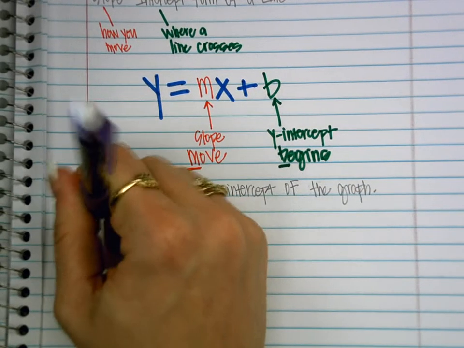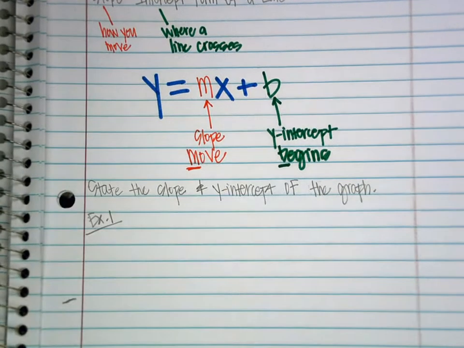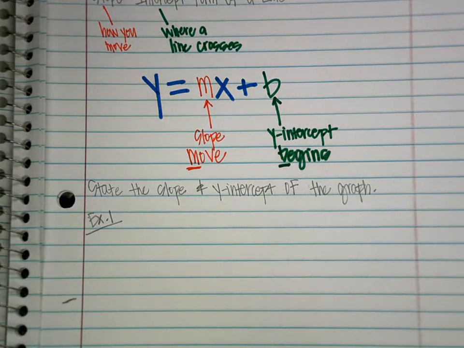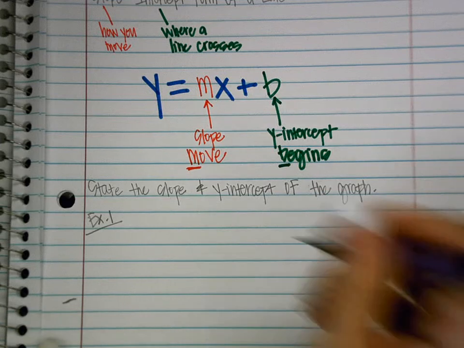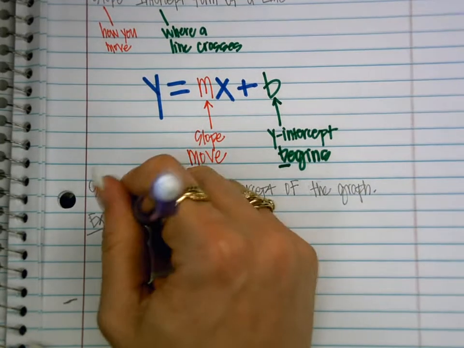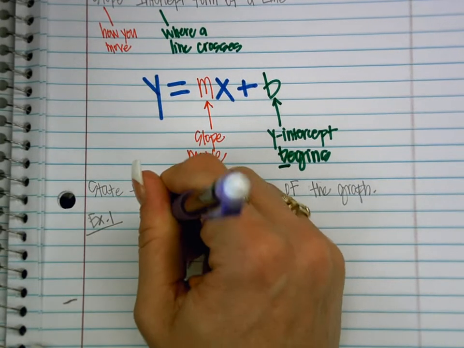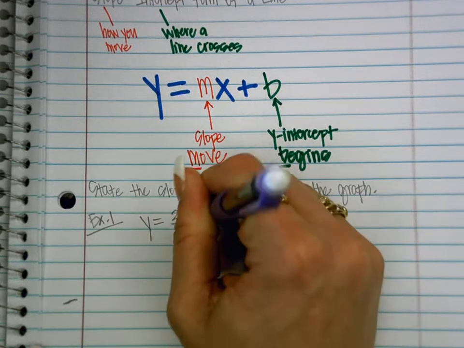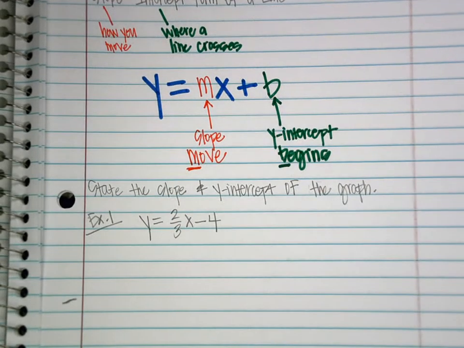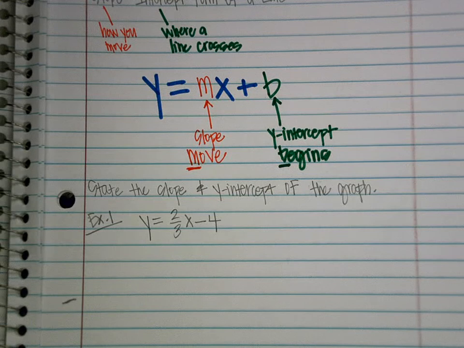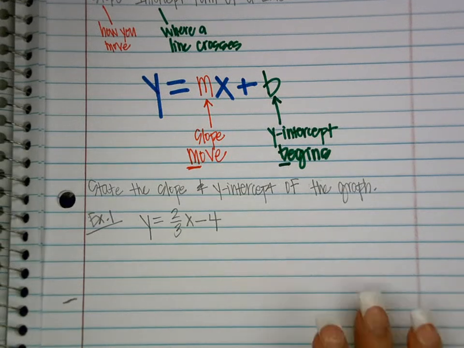Something like this: state the slope and y-intercept of y equals 2/3 x minus 4.